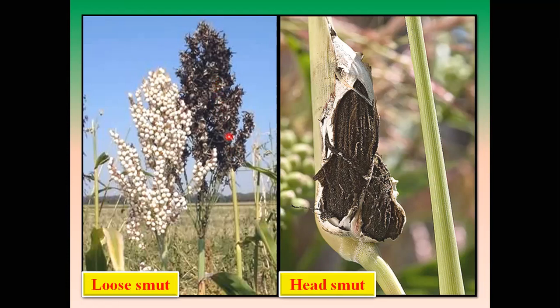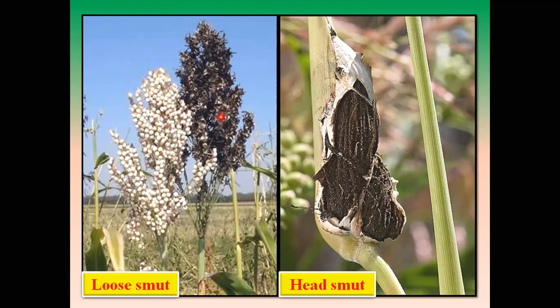The ovaries are totally converted into large smut sori. The infected earhead looks like a leafy or leathery structure, meaning infected spikelets produce short leafy structures.